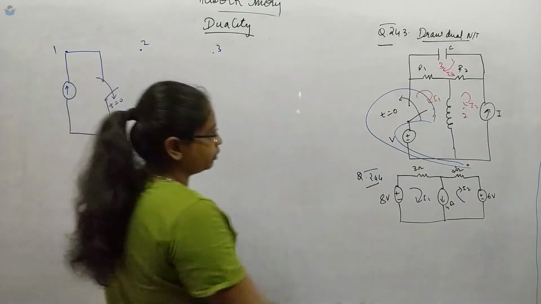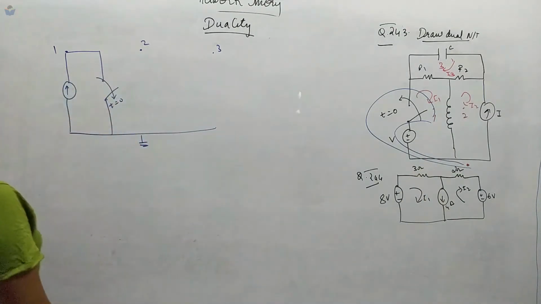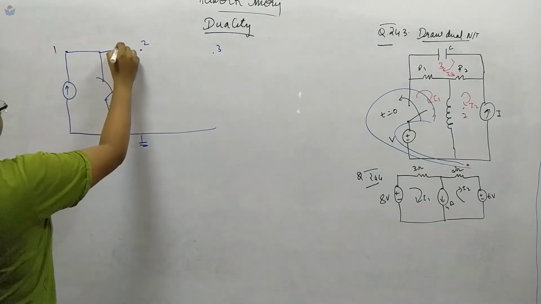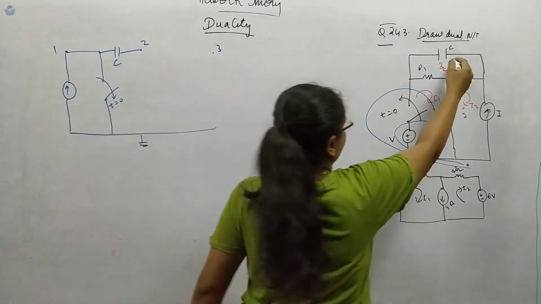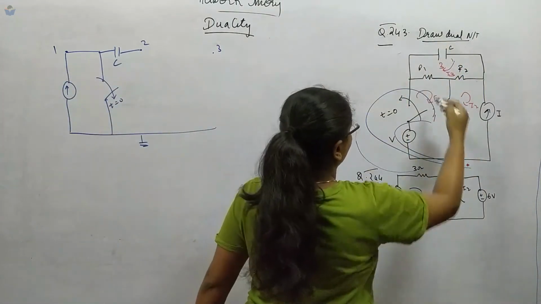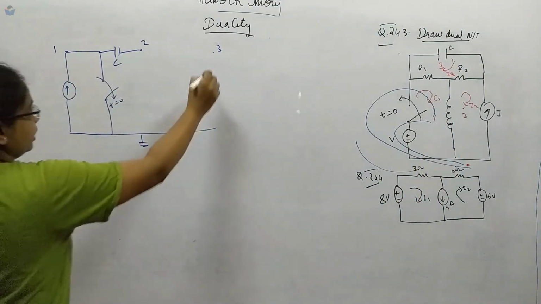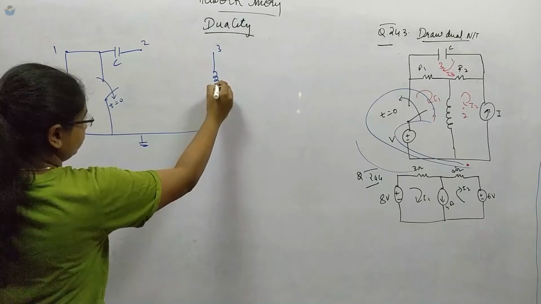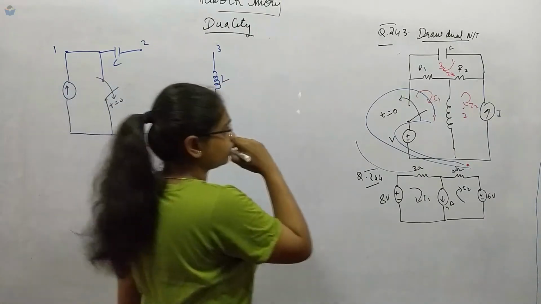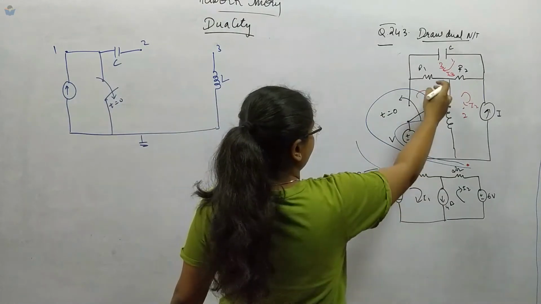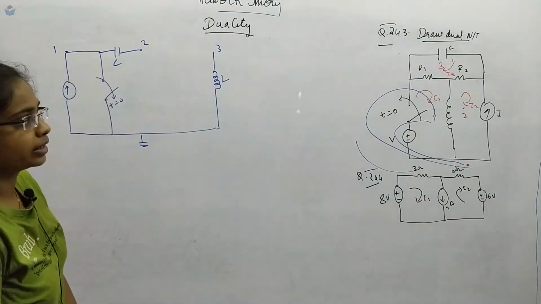Next, between 1 and 2 we have an inductor, so it will be converted to a capacitor C. From 3 to the reference node we have a capacitor, so that will be converted to an inductor. Now between these two we have R1, which will be converted to conductance.